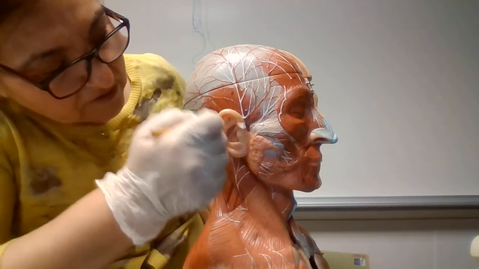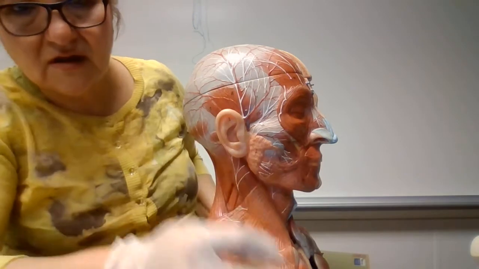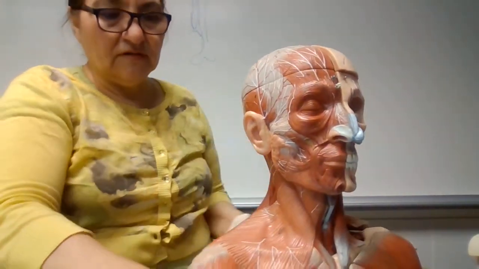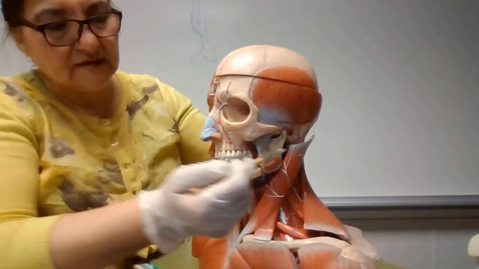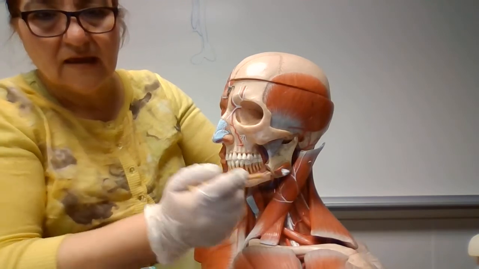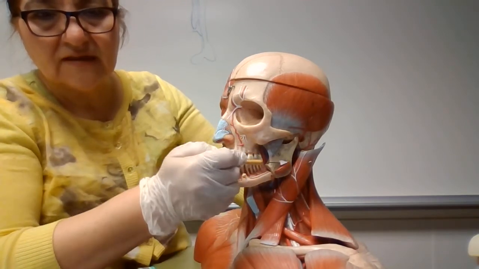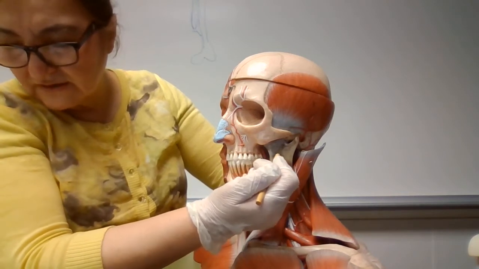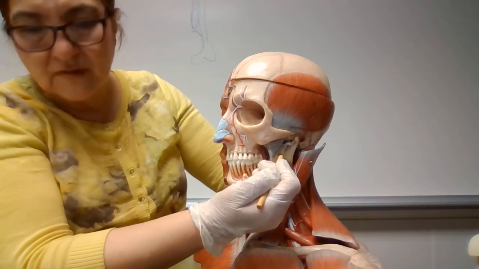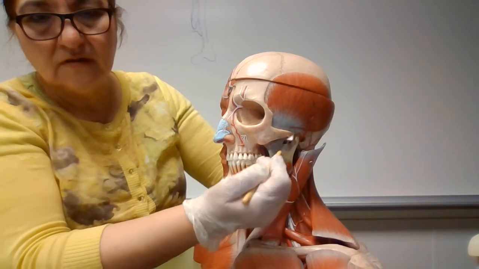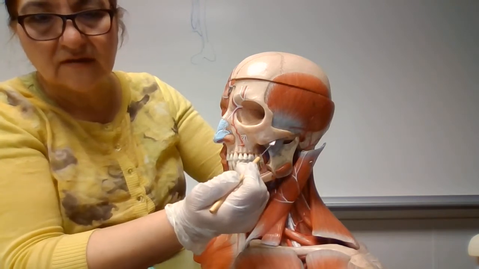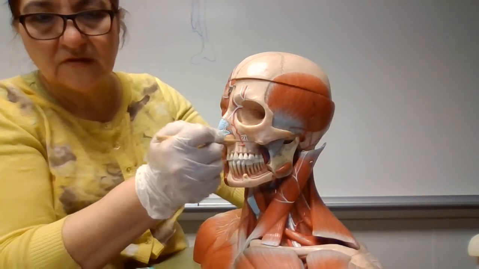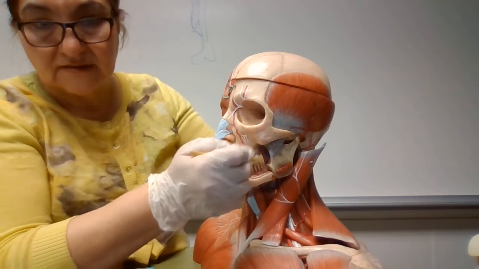Have a zygomatic arch between the two. I'll show you the other side. And the origin is the zygomatic arch, the zygomatic process of the mandible. This part. And the muscle is a big muscle there.